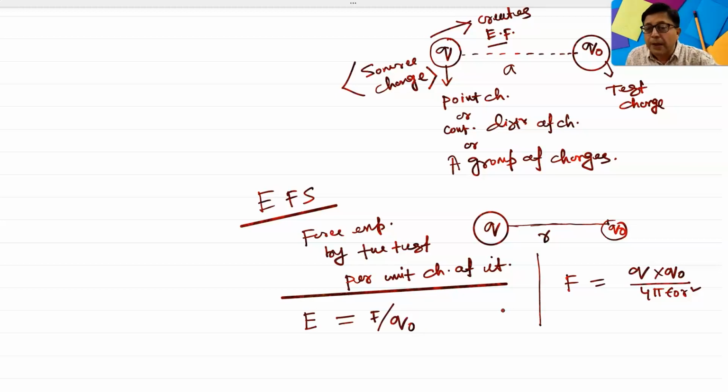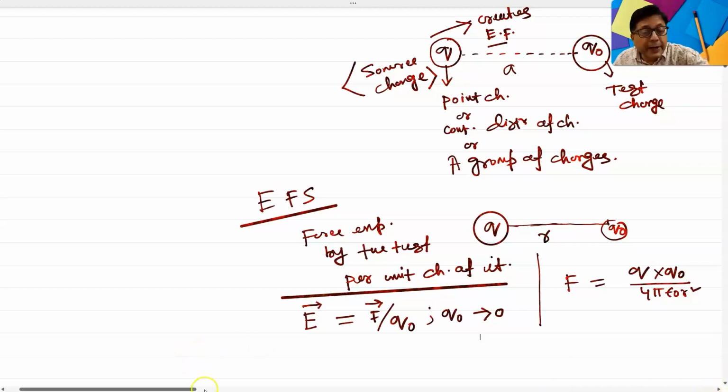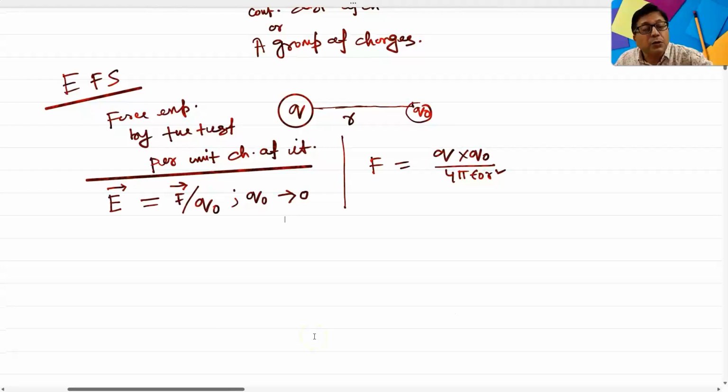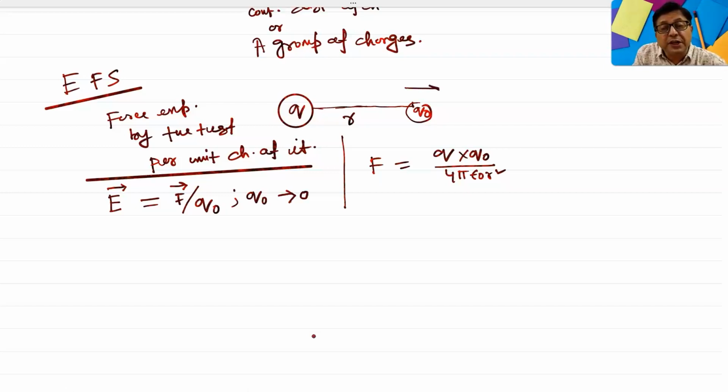Okay? And this E is a vector quantity. This has direction same as that of F, in the condition that Q0 is tending to 0. So electric field is a vector quantity. It is directed along the Coulombic force of attraction or repulsion only. So there electric field, by assuming Q0 positive charge, will be radially outward.